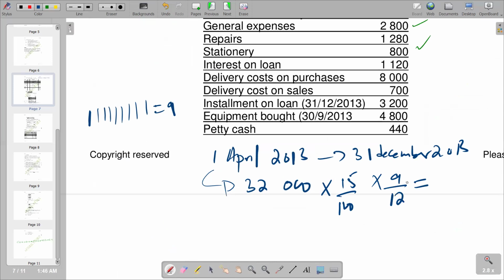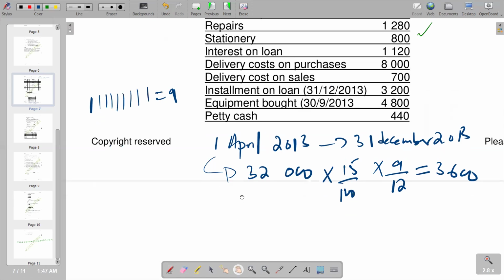We calculate, and your answer is 3,600. So we have 3,600 for the first period.